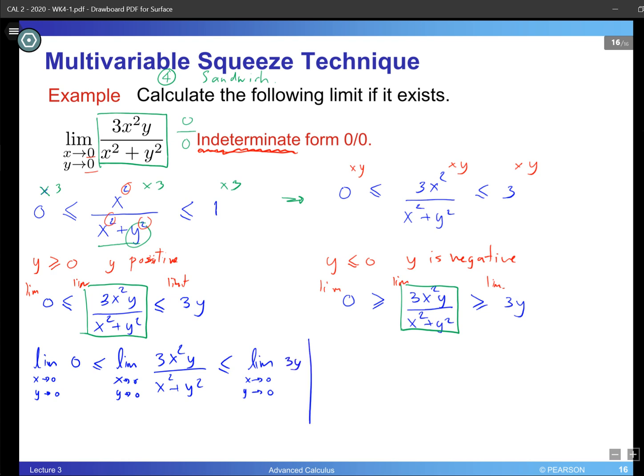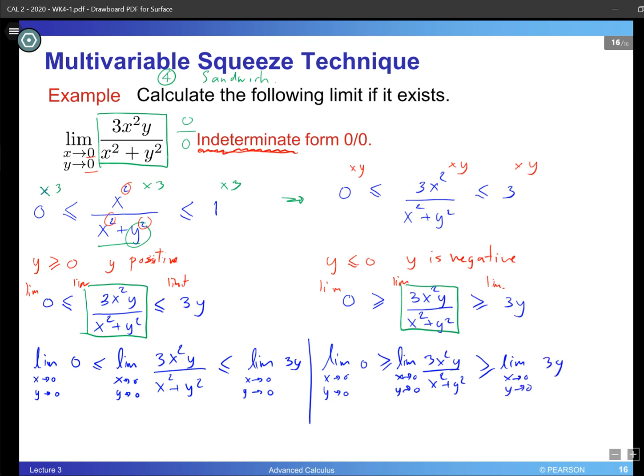And that is the first case. Let's take a look at the next one. Limit as x goes to 0 and y goes to 0 of 0, larger than or equal to the limit as x goes to 0 and y goes to 0 of 3x squared y divided by x squared plus y squared, greater than the limit as x goes to 0, y goes to 0 of 3y.